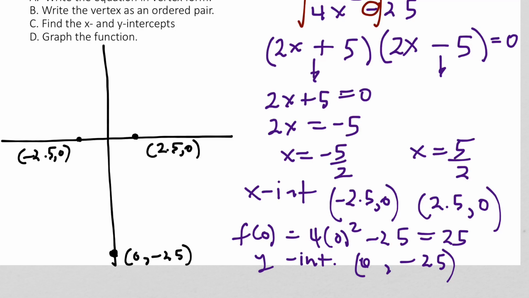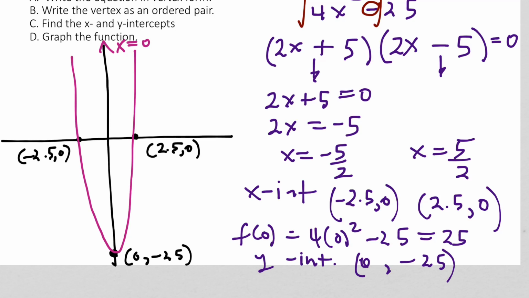And then I sketch it in. And that is symmetric with respect to the y-axis. So my axis of symmetry then would be the y-axis itself, which is the equation x is equal to 0.